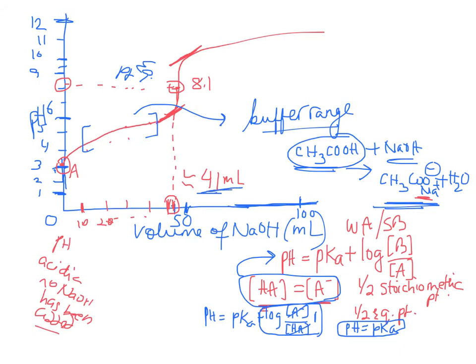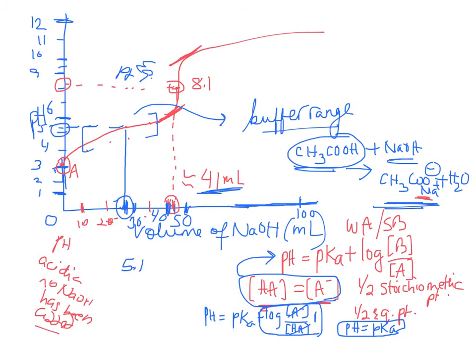Half of this 41 is going to be 20.5, so let's say that's about, if this was 30 and this was 40, so 20.5 is somewhere here. I'm going to extrapolate, and what I'm reading is roughly 5.1-ish, 5.1.